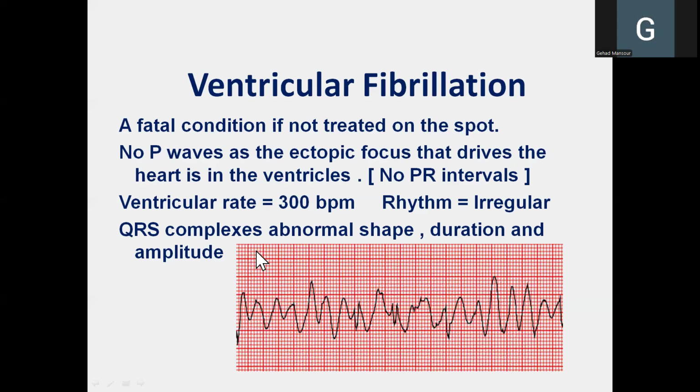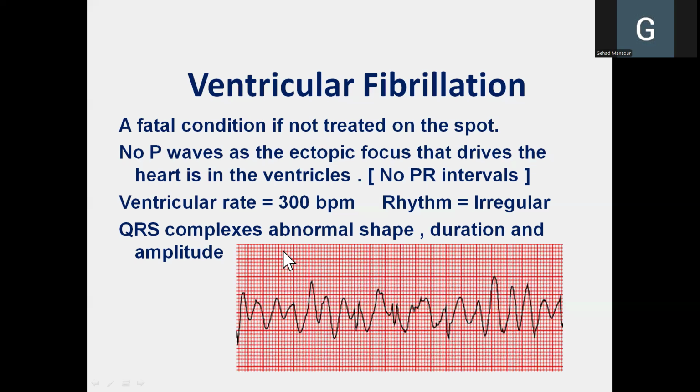As I said before, each small square duration is 0.04 second. So the 5 small squares, which form the big square, is 0.2 second. So every 5 big squares will form 1 second. So if I need 30 seconds, then we have to multiply 5 squares by 6, which is 30.